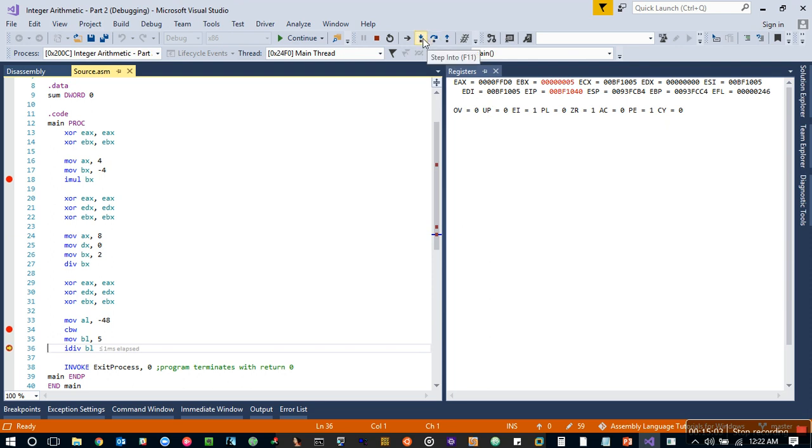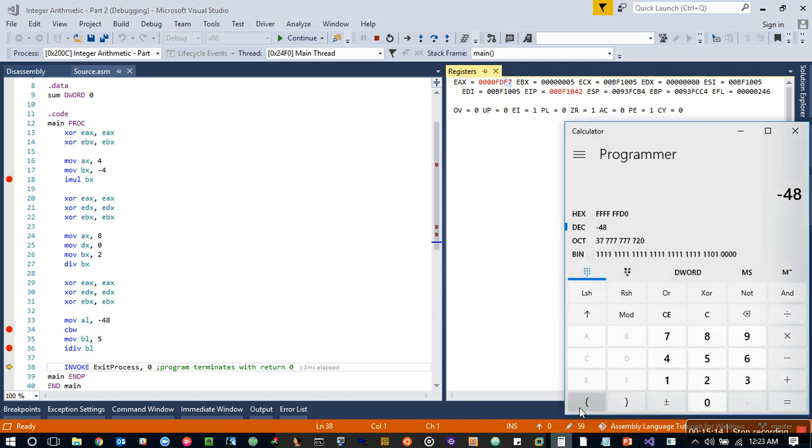Now we are going to divide. I step through it. So we got F7 and we got FD. So let's see what FD is in the calculator. Oh, I guess I messed up something.